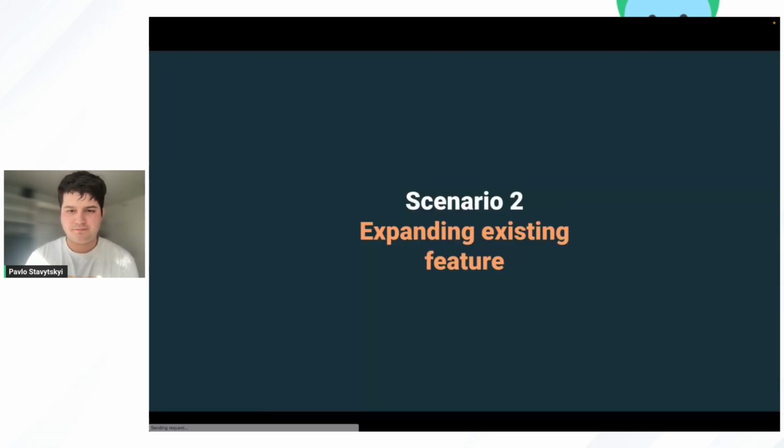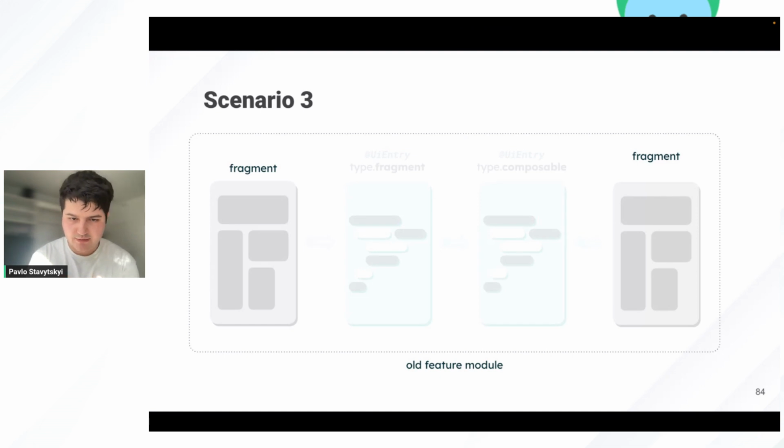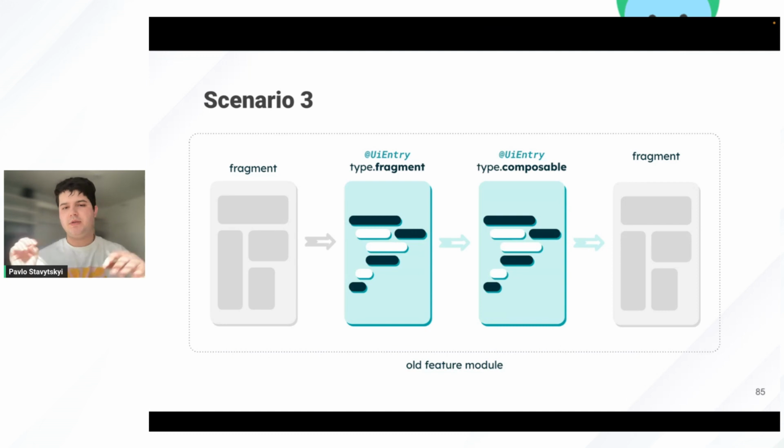Second scenario. What if we need to expand an existing feature? Which means that we have some old feature module in our app, which already has some fragments, and we need to squeeze a bunch of compose screens into the middle of the flow. In this case, you just create a new screen in your app, put a UI entry annotation, and make it the first screen.